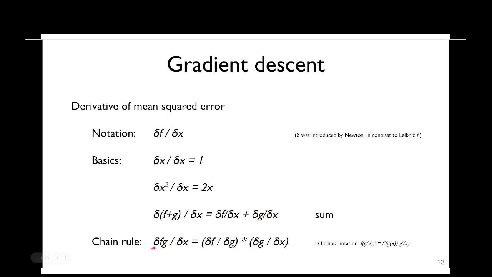If we have f applied to g and build the delta over delta x, then this is equal to the derivative delta f over delta g times the derivative delta g over delta x. In Leibniz notation, this would be f of g of x, prime, is equal to f prime of g of x times g prime of x.